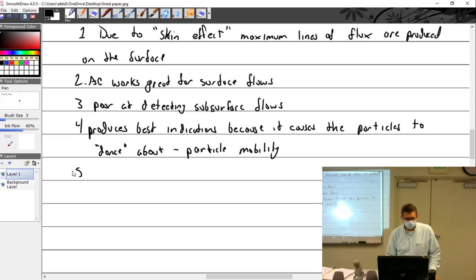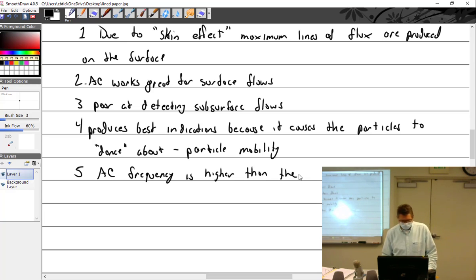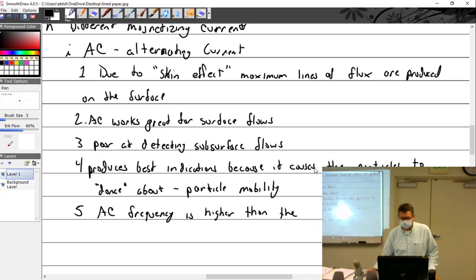Particle mobility. All right, so all that's left to explain is, how does AC work then? Doesn't it scramble it? So the AC frequency at 60 hertz is higher than the movement of the hysteresis loop.